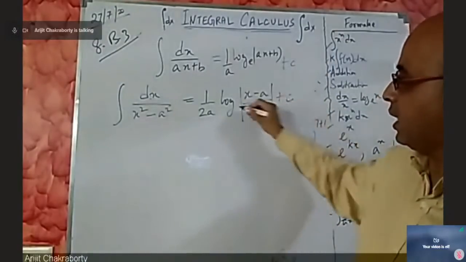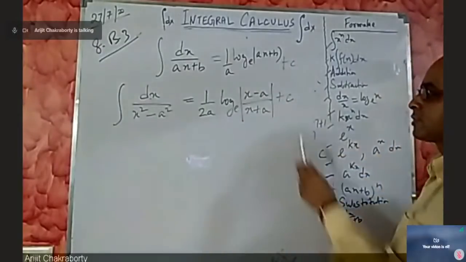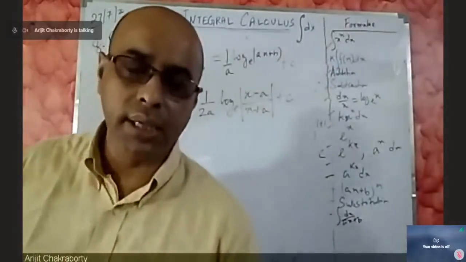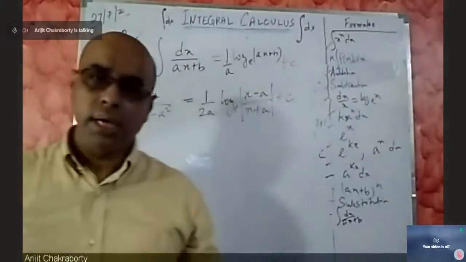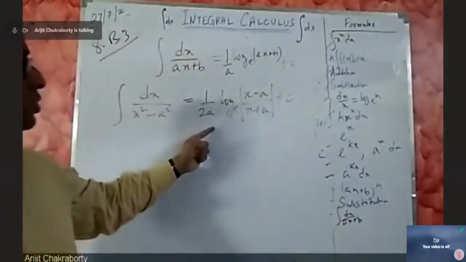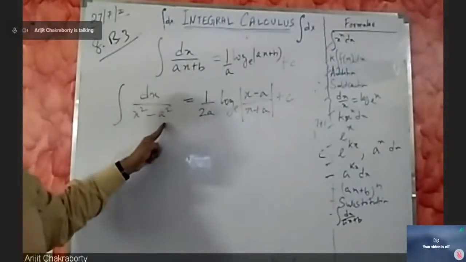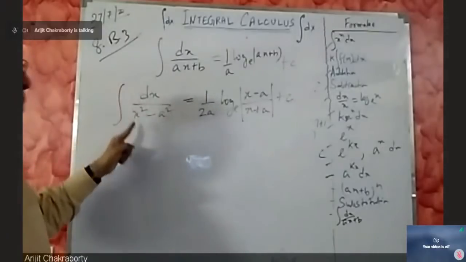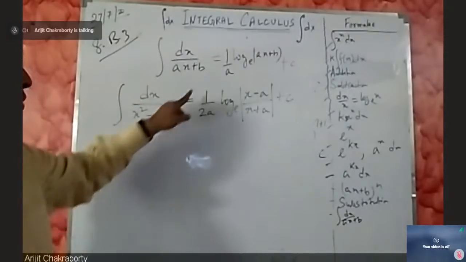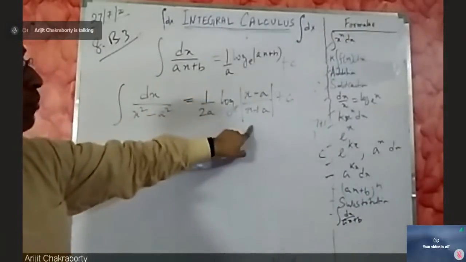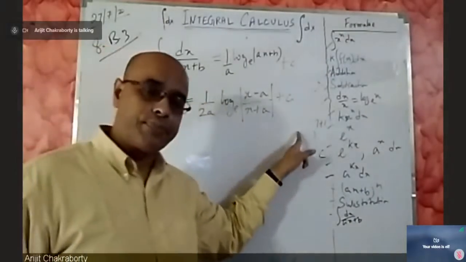This is a standard result included in our syllabus and a very important formula for solving numericals. The integration of dx by x square minus a square: the standard formula is 1 by 2a log of x minus a by x plus a plus c.